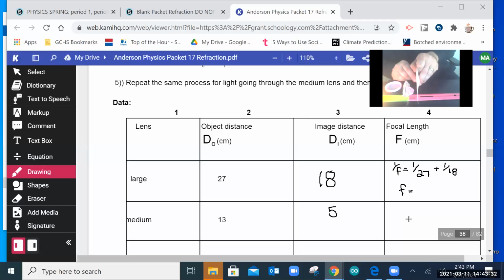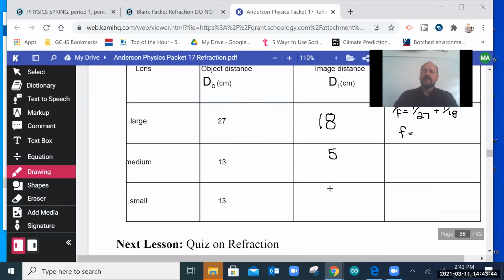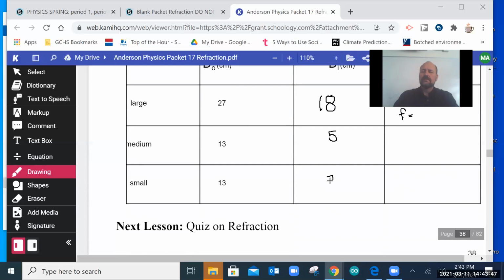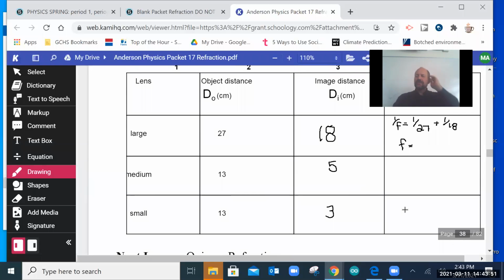So between 2 and 4, that must be 3. At 3 centimeters, it's in sharp focus. So go ahead and do the focal length equation in the exact same way with the 13 and 3 in the appropriate locations.